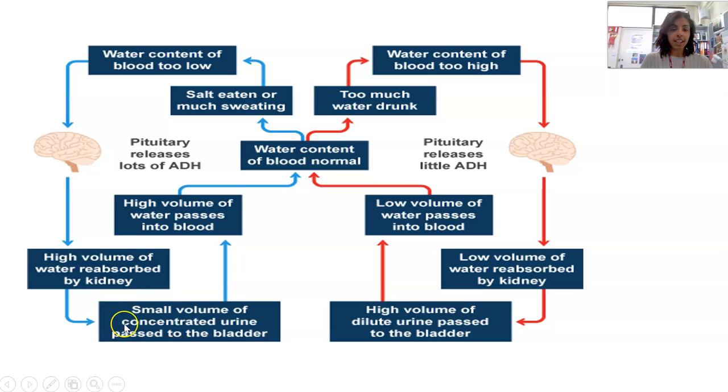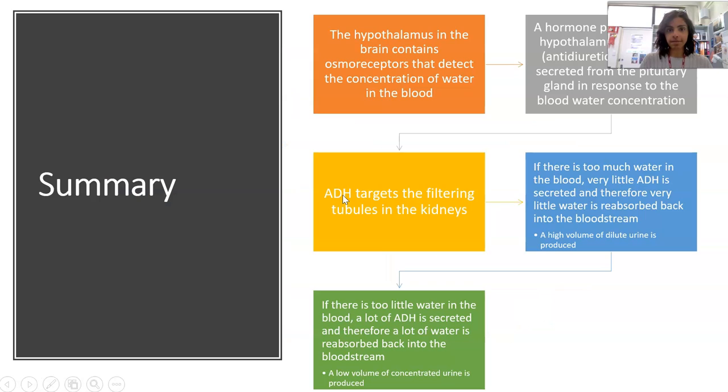This results in a small volume of concentrated urine being passed to the bladder. Therefore, less water is lost by the body, and that raises the blood water concentration back to normal. So you can see that if you understand one side of a feedback loop, it's easy to get the other one because it's just the exact opposite.